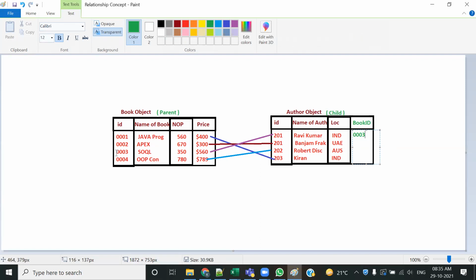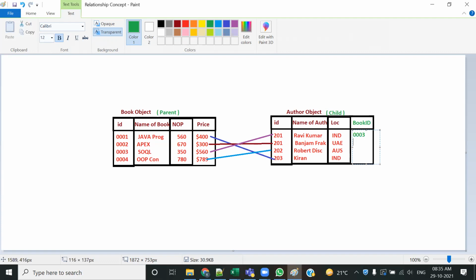That means 0003, the SQL book, is the parent of this. So this is your child record. Ravi Kumar is the child, and this book is the parent. Ravi Kumar has written this book. That is why the SQL book ID 003, that ID I must write over here.